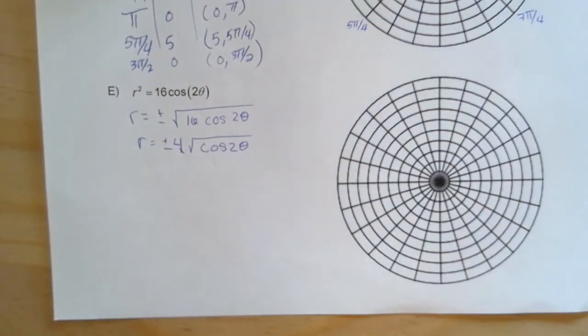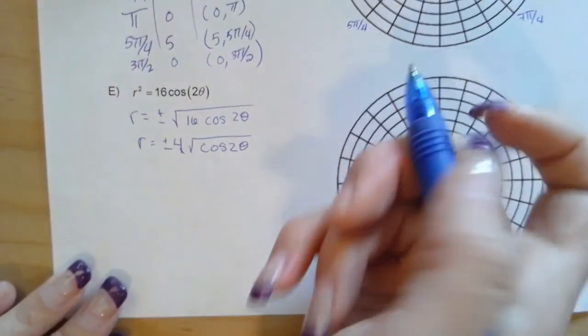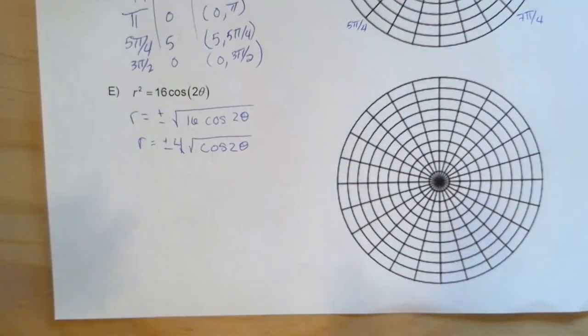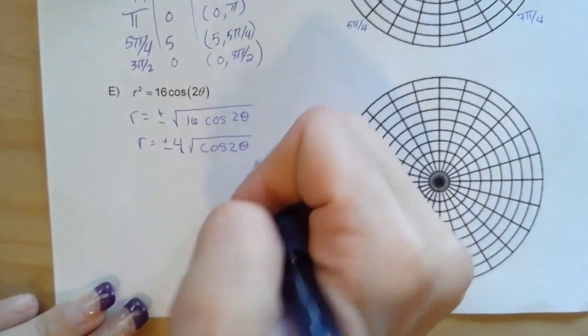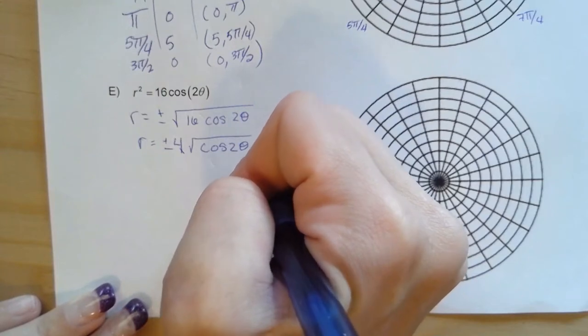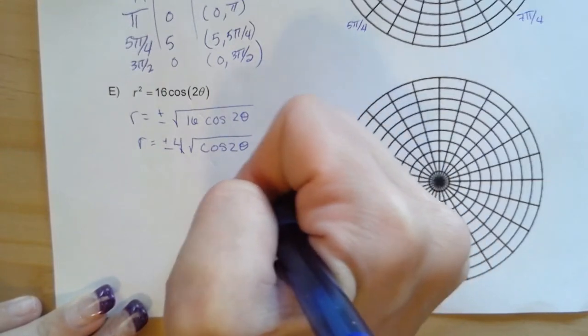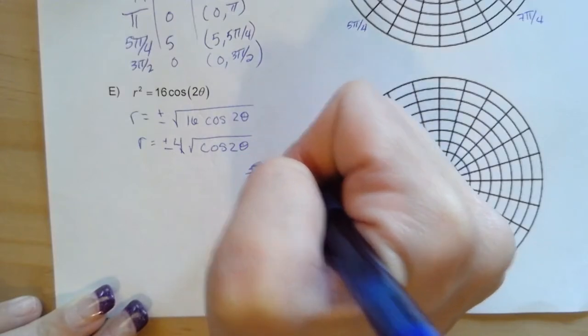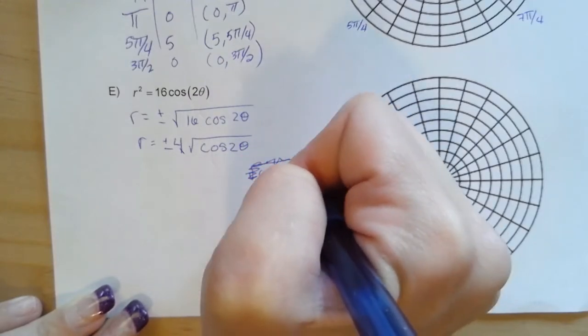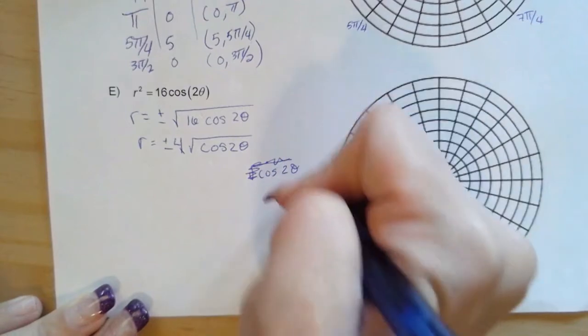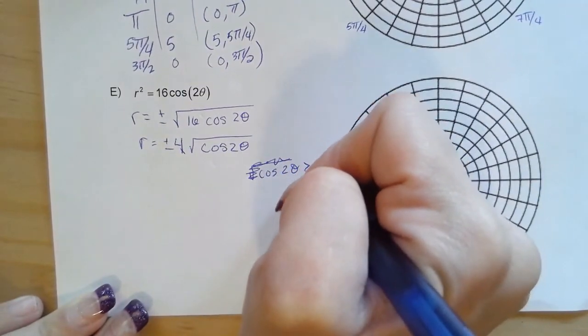Now, the reason why I wanted to do that first is I want to prove to you, remember, we have some values that cannot happen. And this is why. We have a square root. So that means whatever cosine of 2 theta is, it has to be greater than 0.